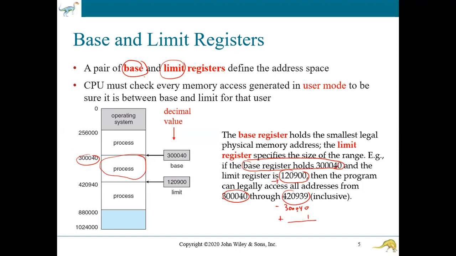Because it's 0 relative. Do you agree with me? Take 1 byte, for example, at address 120909. That's 1 byte. So that's why you have to add 1 to it, and then you get exactly the number of bytes. Yes or no?